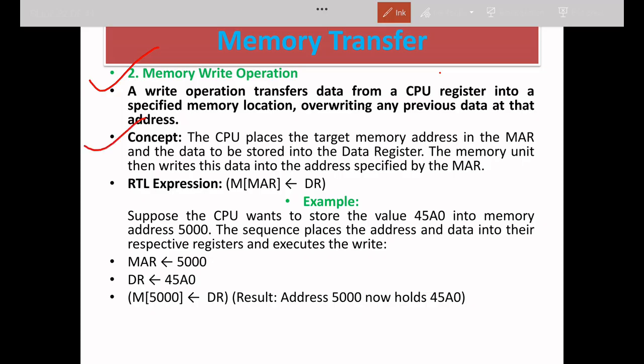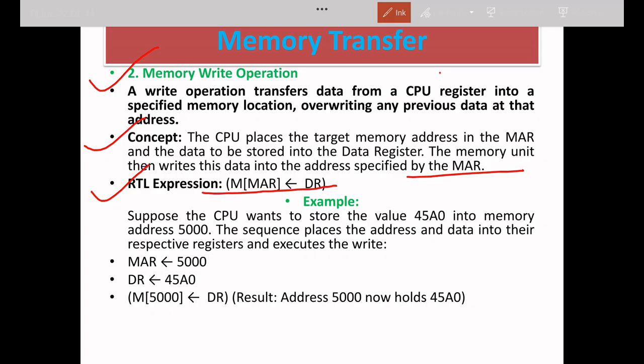The CPU places the target memory address into the MAR and the data to be stored in the data register. The memory unit then writes this data into the address specified by MAR. So now you can see how the write operation works. That is just the opposite of the previous.